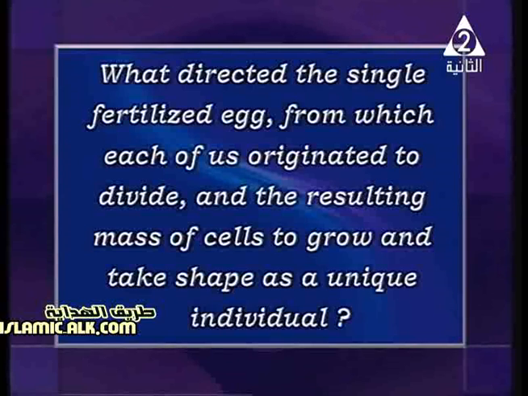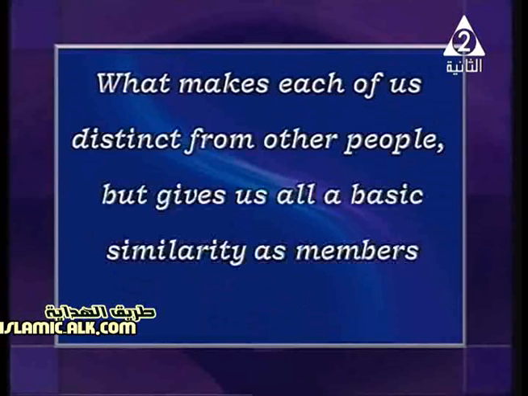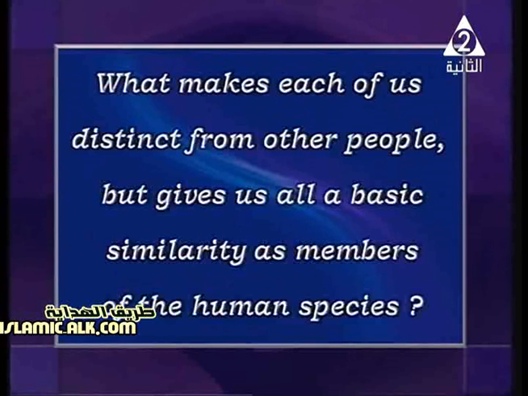Okay, and also we have some questions, such as what makes each of us have a distinct, specific shape, characters and personality from each other. We also need to discuss the similarities and differences between individuals or different humans.